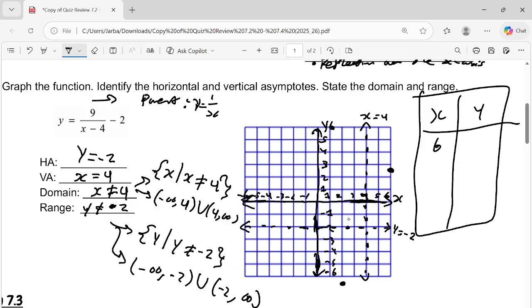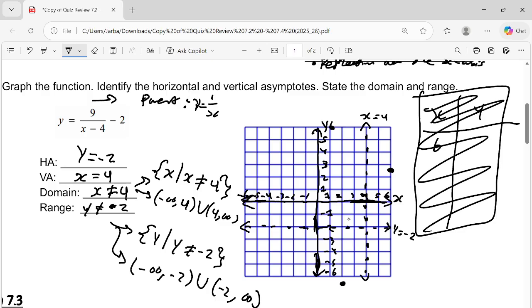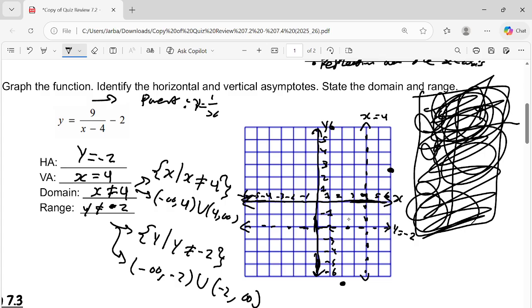Let's try 1. So that'd be 9 over 1 minus 4. I'm just going to get rid of this table, because it would be best to use your calculator to get some points. I'm just doing it in my head. So 9 over 1 minus 4 would be -3. So 9 over -3, -3 minus 2, -5.